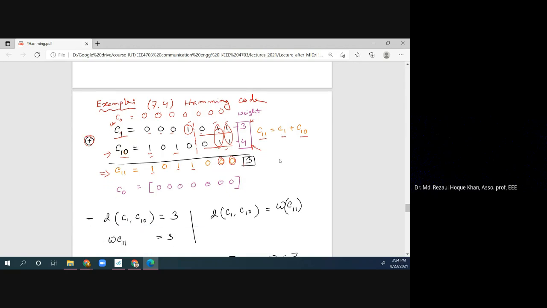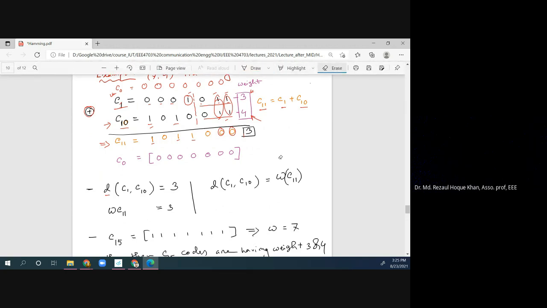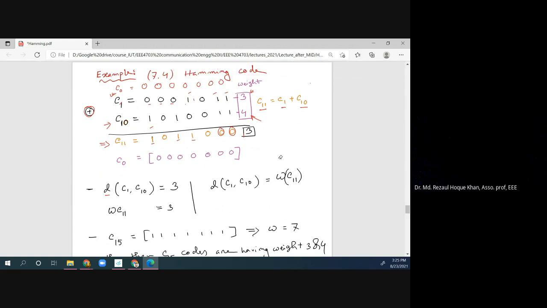Okay, so what is the distance between C1 and C10? Let me delete this, then it will be easier for you to understand. Let's see these changes.